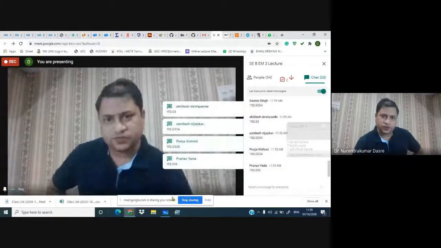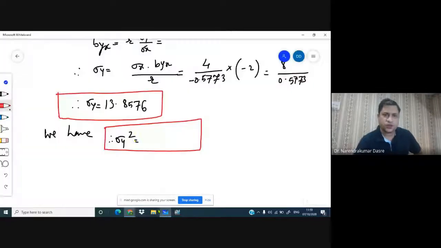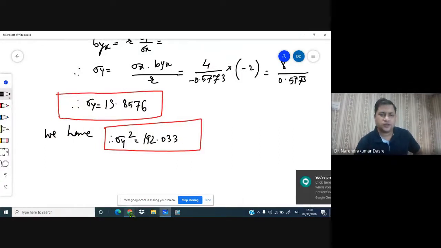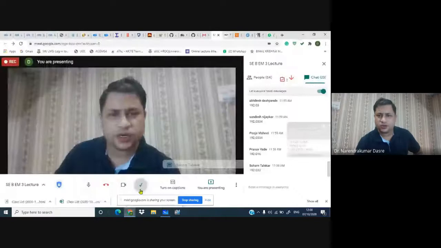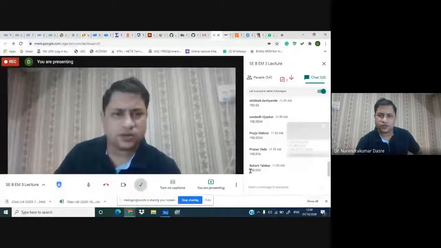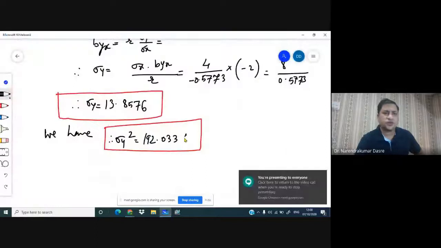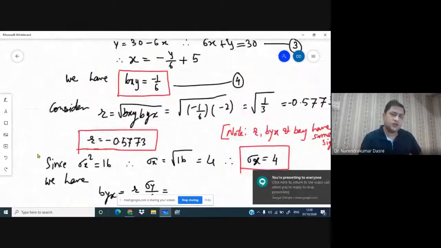That's good. Okay, so this is the value of sigma y square, the variance of y.